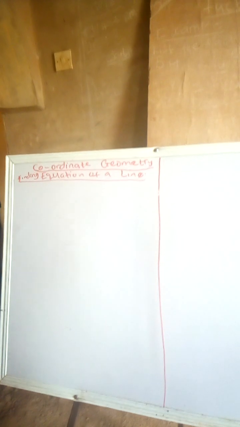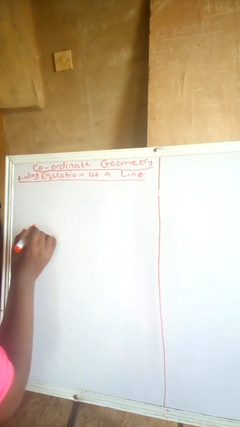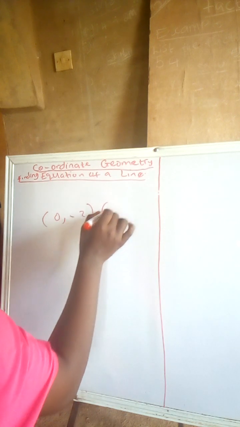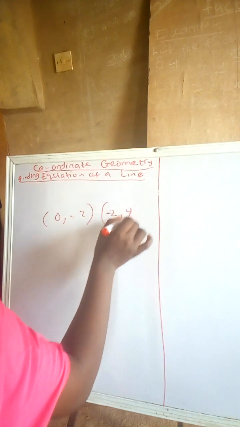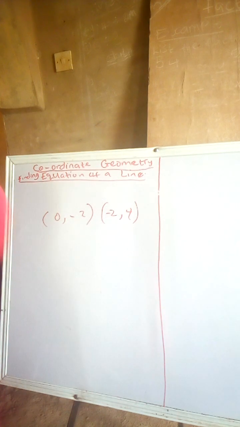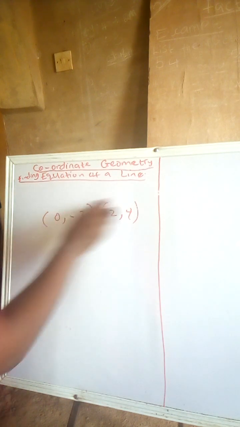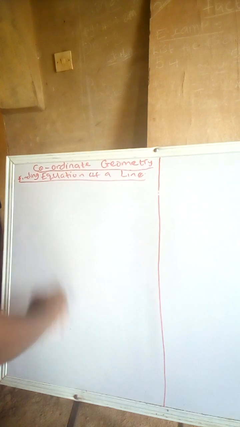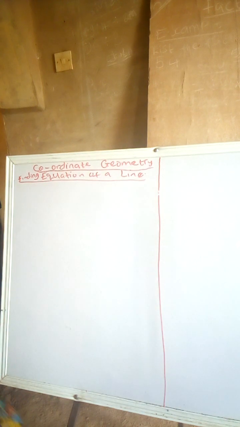I hope you all know the meaning of coordinates. You can remember coordinates are what we are given as like (0, -2), (-2, 4). These are what we call coordinates. So today we want to talk about how to find an equation when given coordinates.